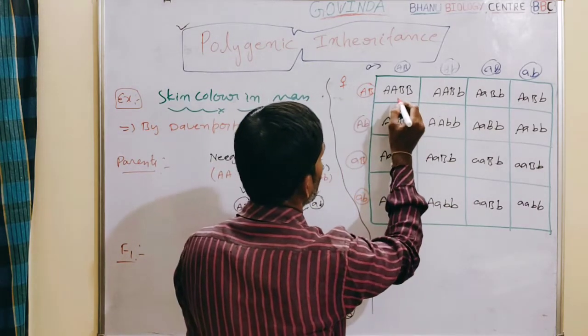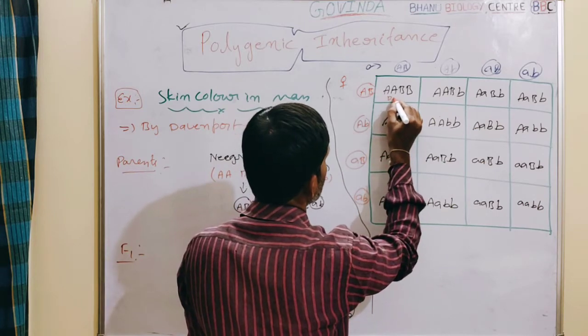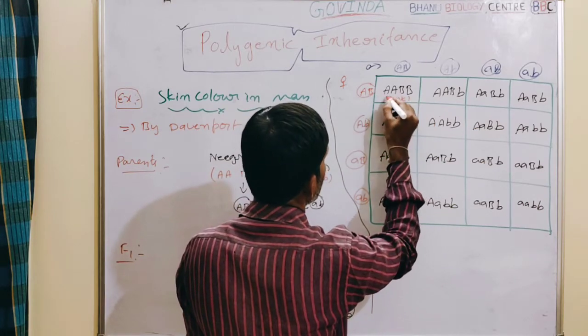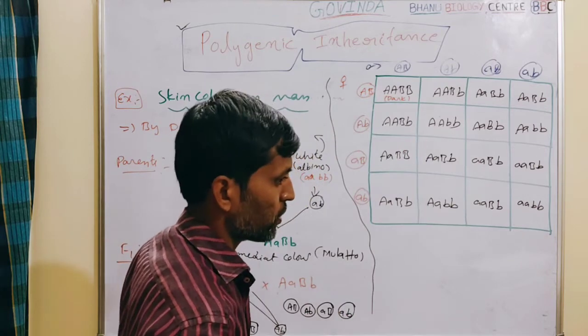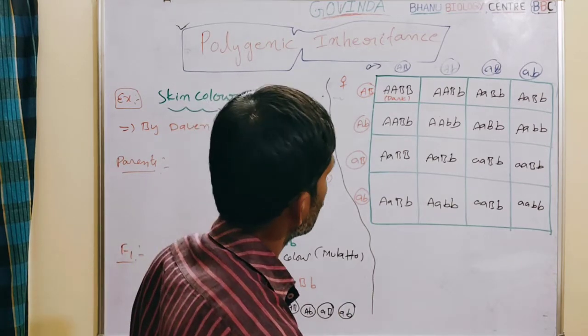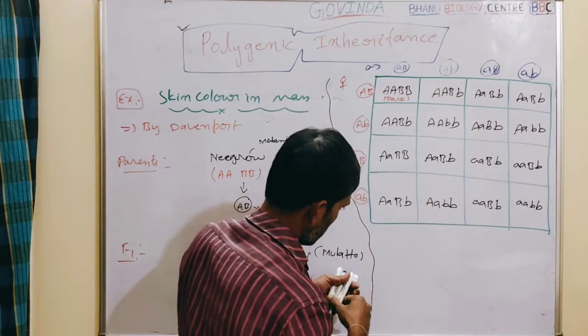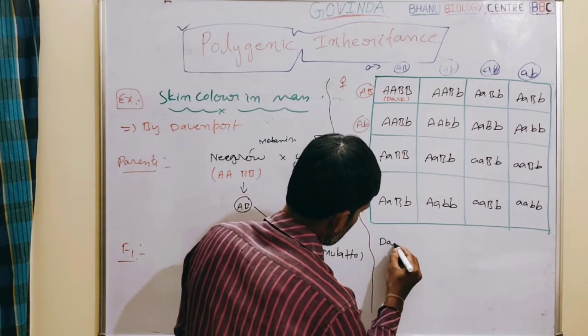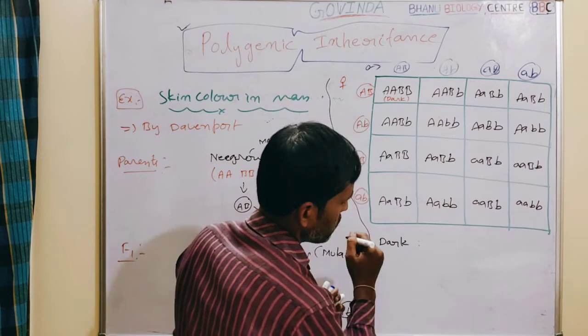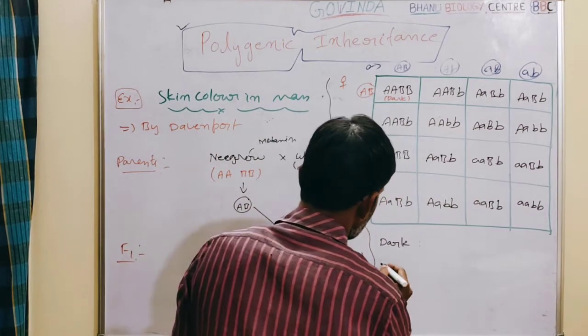So this is the dark one. In total we got 5 types, 5 different colors. One is dark color.